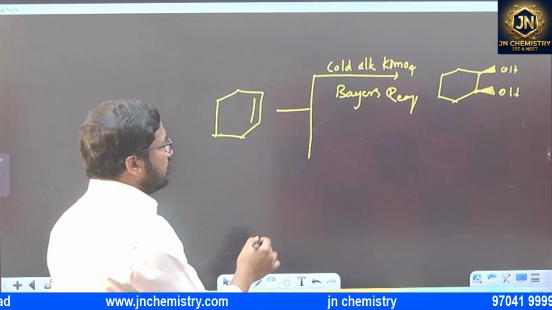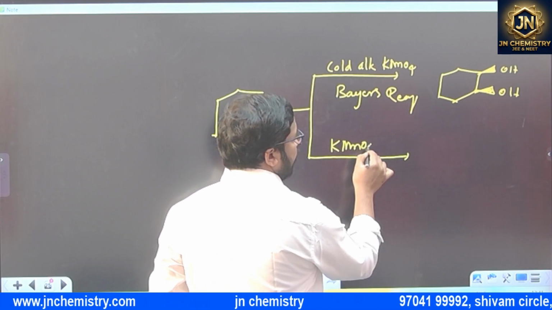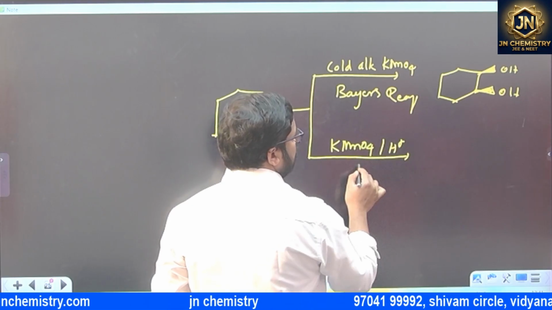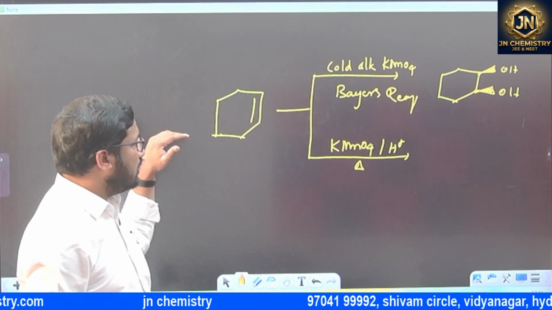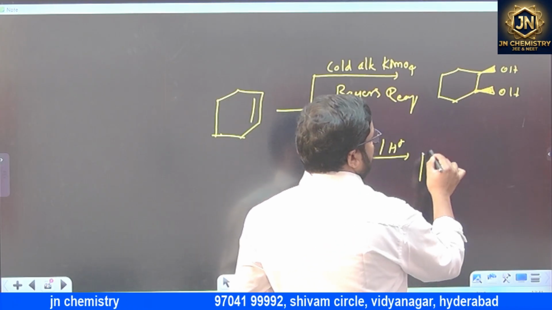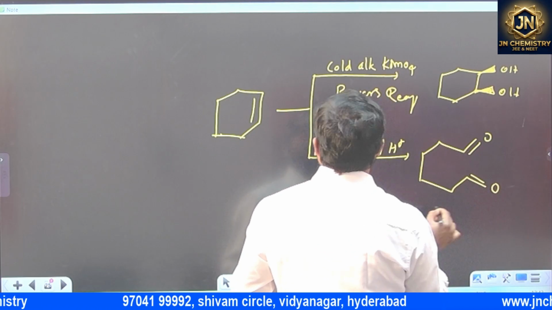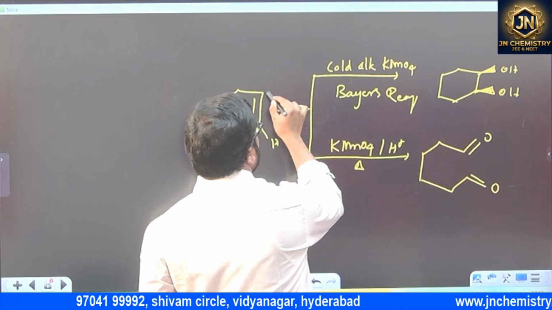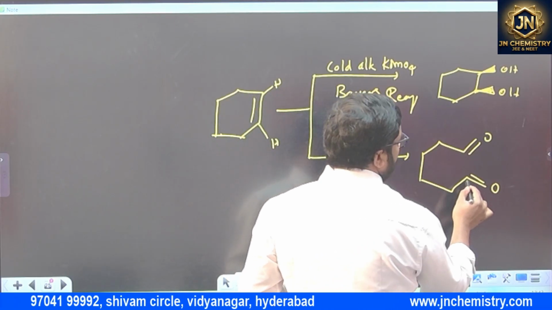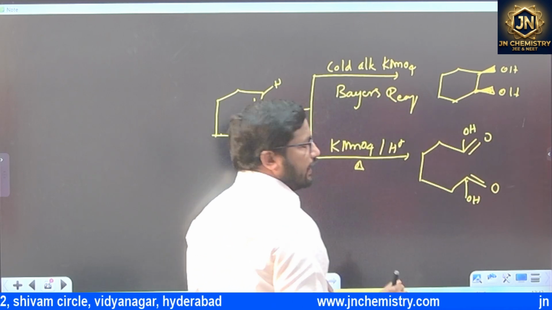Whereas in case of KMnO4 in presence of H plus or heat, the double bond is breaking, right? Double bond O, and here hydrogens are there, 2 hydrogens we need to convert into OH, like this.